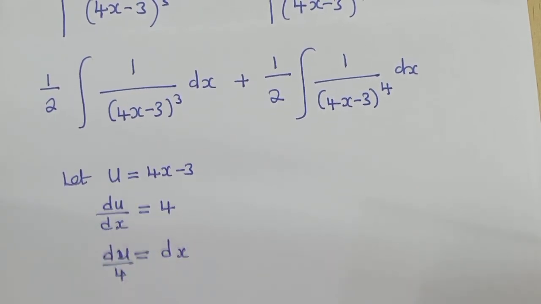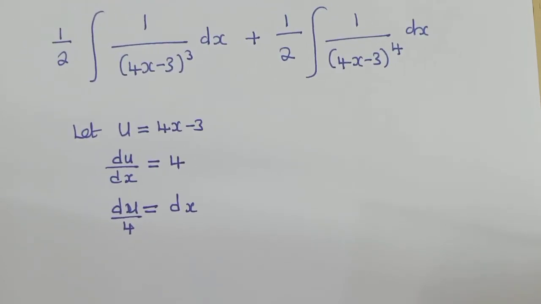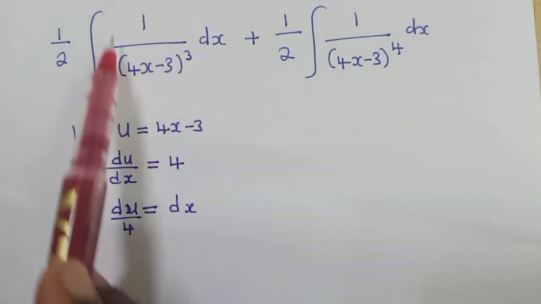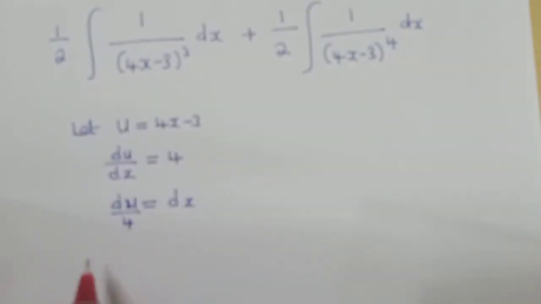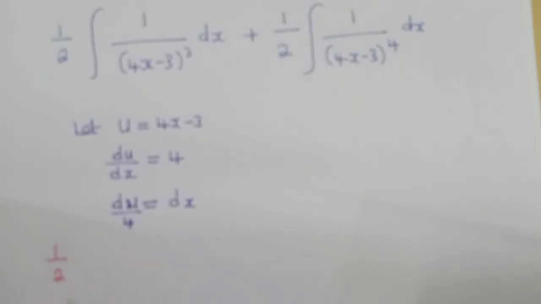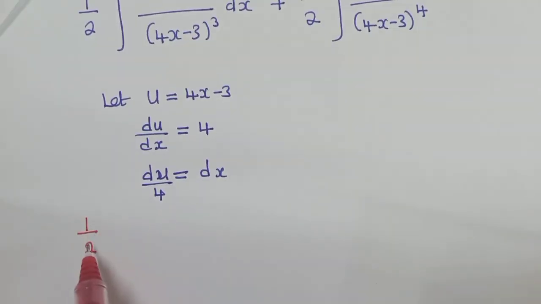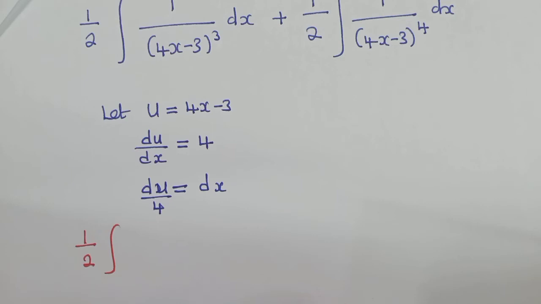Okay. So now that we have these things, I'm just focusing on this right here. We'll come to the other one later. So we shall have 1 over 2, the integral, and the numerator is 1 over u power 3.